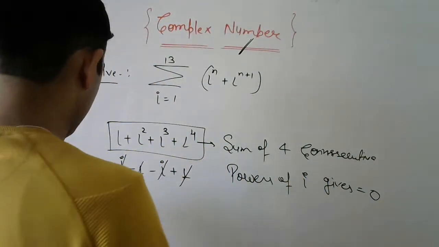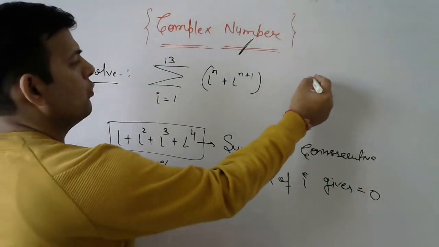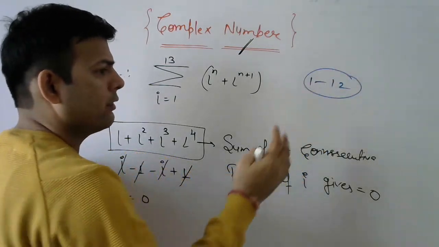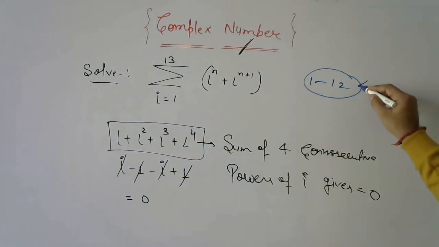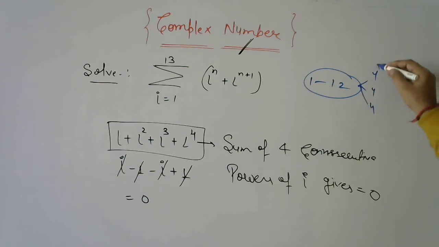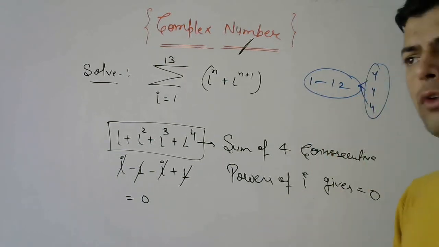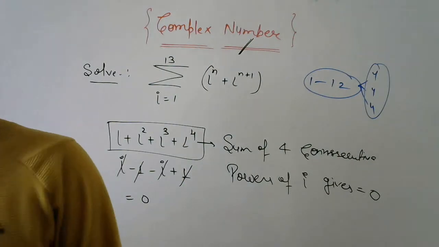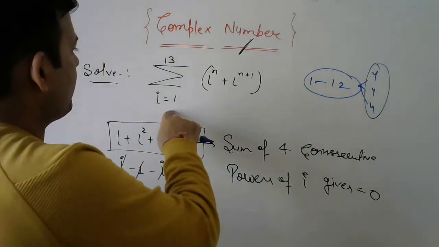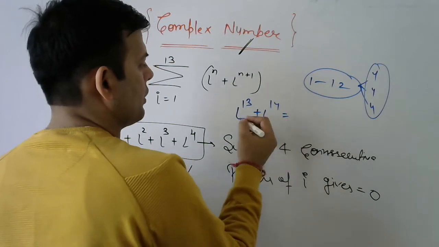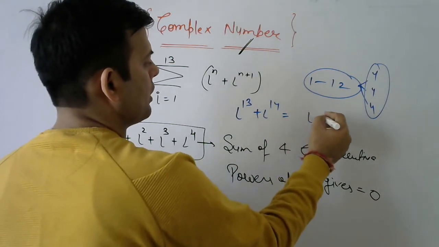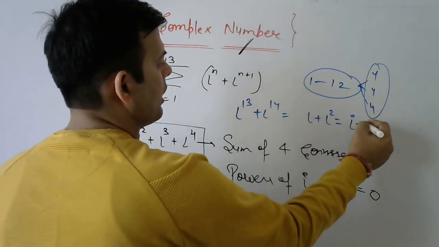Listen, from 1 to 12, I will get three groups of 4, so that will be 0. The remainder is 13. So if I put 13 here, iota power 13 plus iota power 14, divided by 4, gives iota plus iota square, so I get iota minus 1.